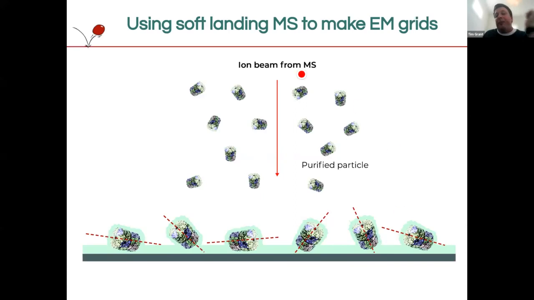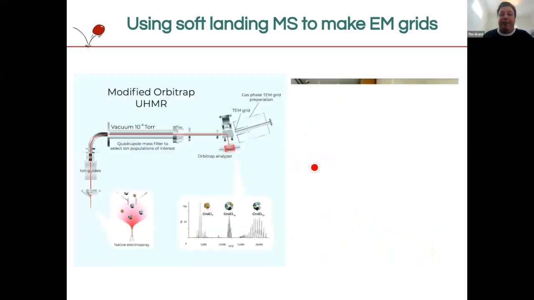Actually, when we started doing this, it wasn't really clear how well particles survive native mass spectrometry, whether they get damaged very much at all. And so the first thing we decided to do was to try and investigate this using room temperature negative stain grids. It's kind of much simpler.